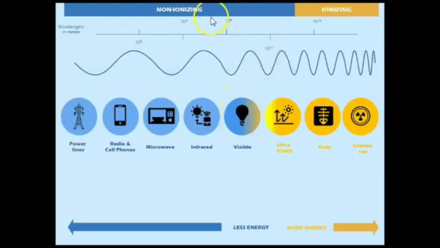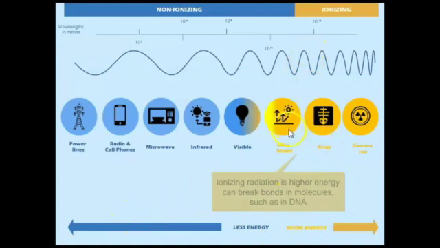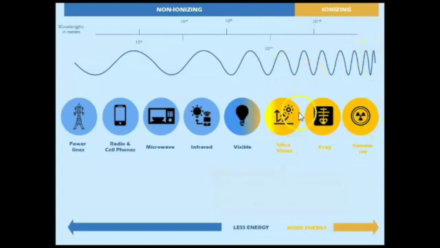That's all non-ionizing. It doesn't do any damage, but higher energy, which includes UV, X-rays, and gamma rays, is called ionizing radiation. You are exposed to it if you are exposed to radiation from the doctor's office, or smoking, or UV from sunlight.